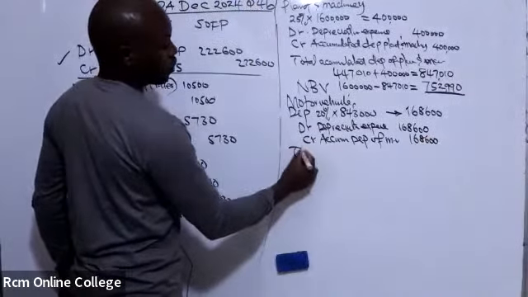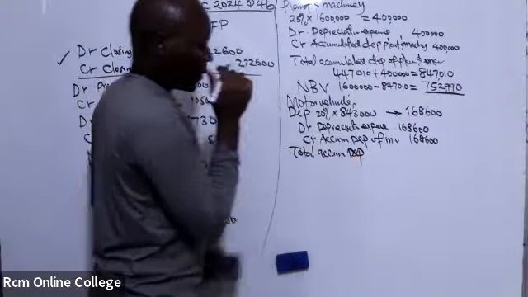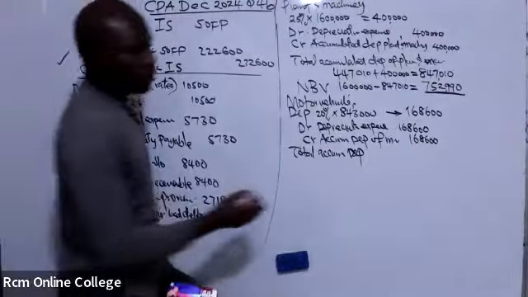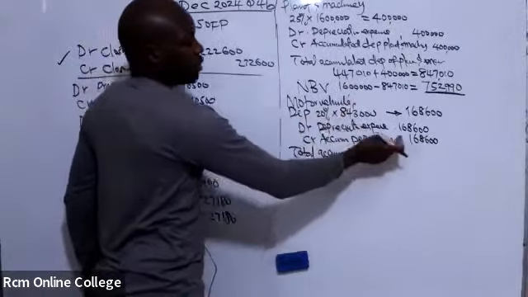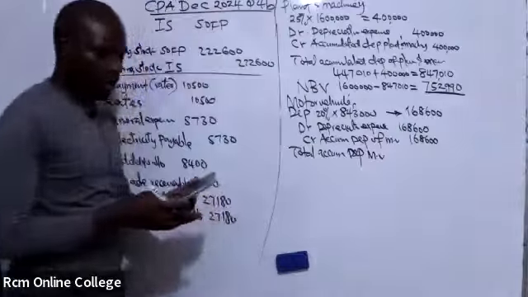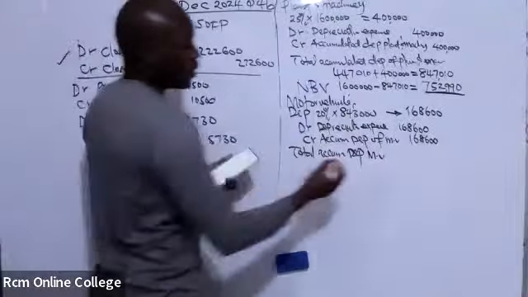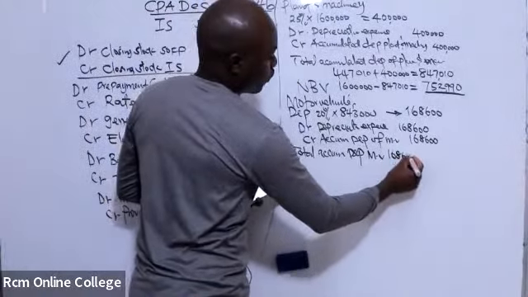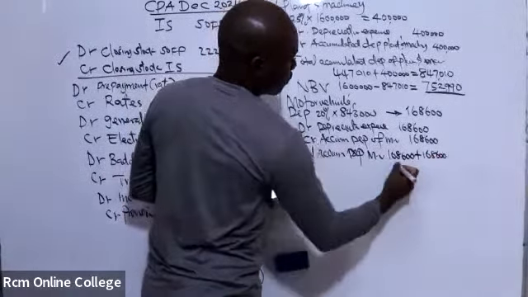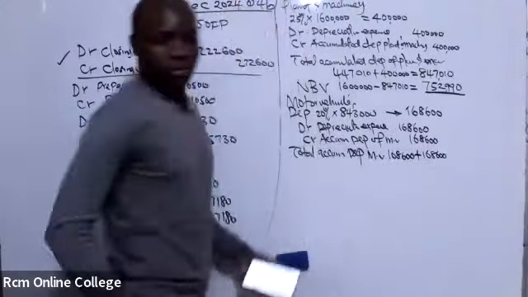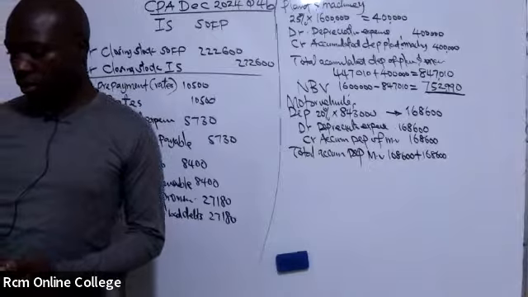Having done that, can we get total accumulated depreciation for motor vehicle? Let's look at the opening provision for depreciation: 168,600, plus the same 168,600. Are we able to get that total? 337,200.